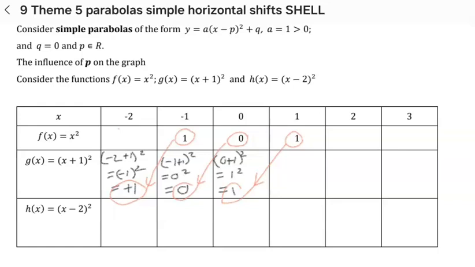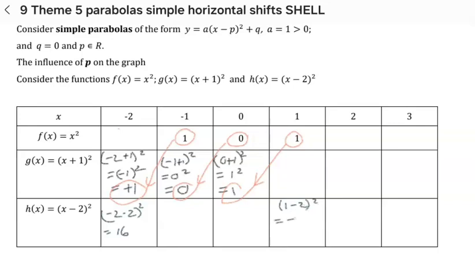So let us look at the second one here, x minus 2. If I plug in minus 2, I will get (minus 2 minus 2) squared, which is equal to negative 4 squared, which is equal to 16. We're not interested in that value. So let us look at 1. If I put 1 in here, I get (1 minus 2) squared.